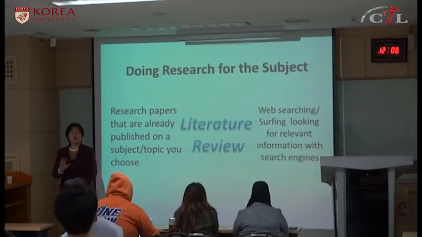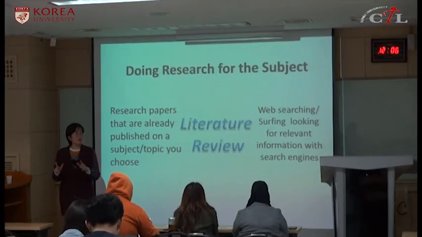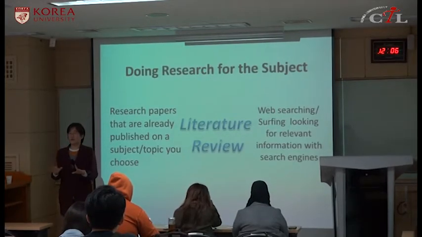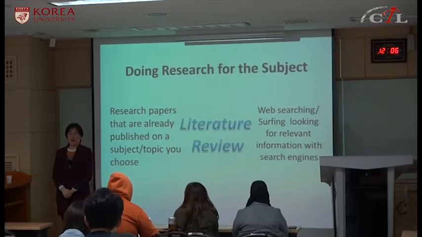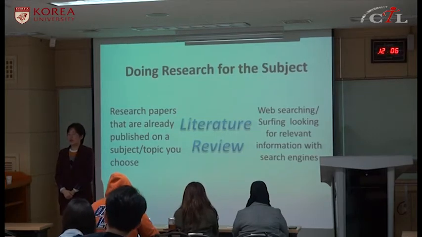So you have to look for the relevant journal articles or relevant information. You visit the library or websites like Google Scholar or ResearchGate. There are many academic platforms you can visit to find relevant information about your research work.